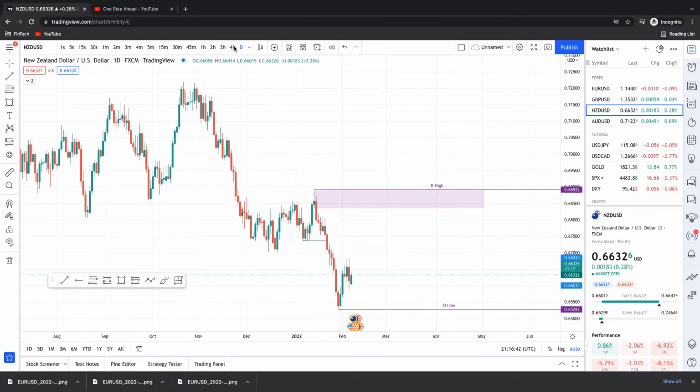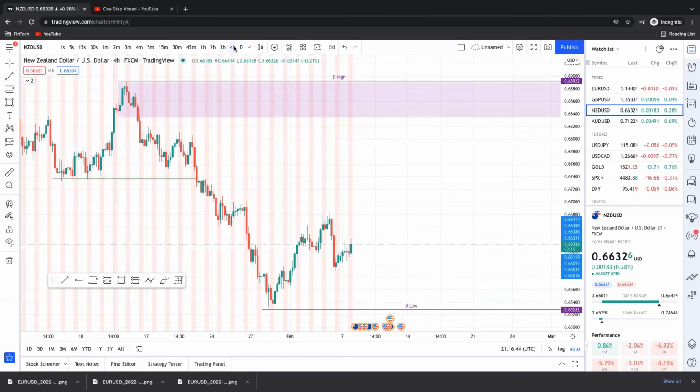Right now, let's see what it is doing on the 4 hour. It is reacting from this order block.